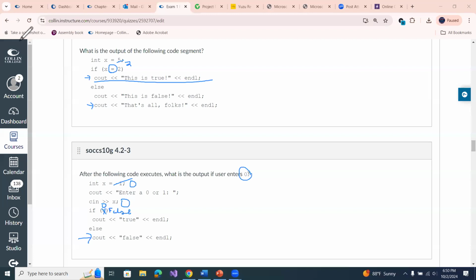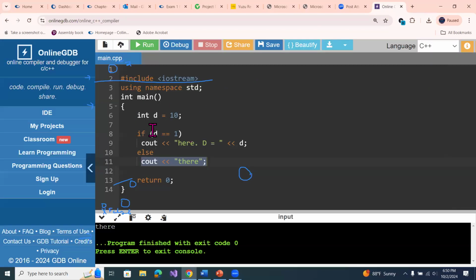Let's take a look at that one. So like here, if I say if 0, then it's going to output here. I mean, sorry, if false, let's run it. There we go. So if false, it outputs there.